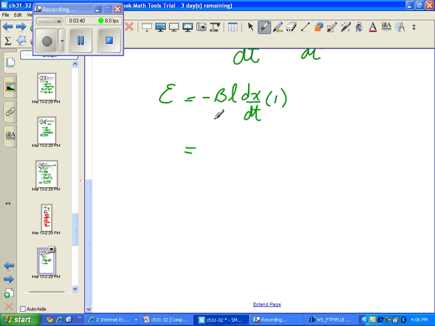And the EMF, therefore, is equal to minus B times L times V.